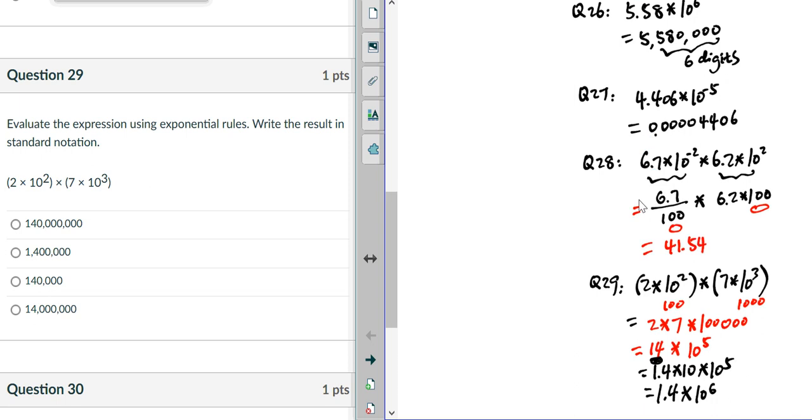Okay. Now, 29. 29, we know 2 times 10 squared. That's 2 times 100. 7 times 10 cubed, and we know 10 cubed is 1000. So here exponent is 3, you have 3 zeros. 10 squared, exponent is 2, that's 2 zeros after 1.